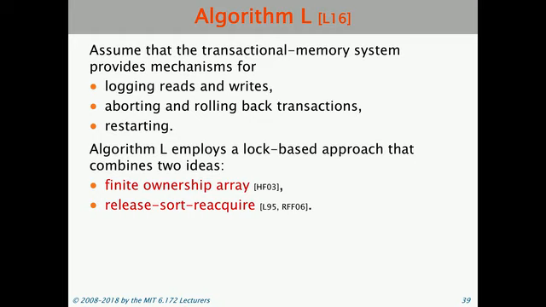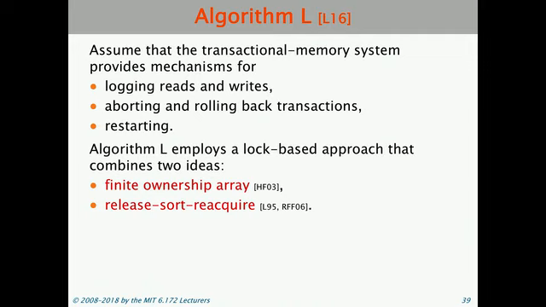Okay, so it assumes that the transactional memory system will log the reads and writes. That's typically true of any transactional memory. You log what reads and writes you're doing so that you can either abort and roll back, or else you sandbox things and then atomically commit them. Okay, and so we have all the mechanisms for aborting and rolling back, and restarting.